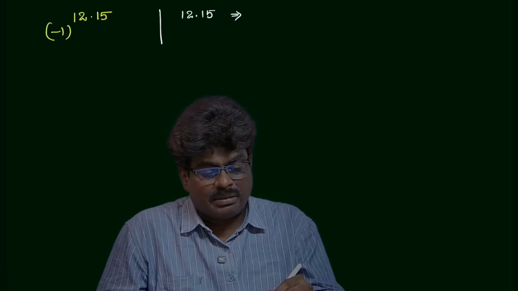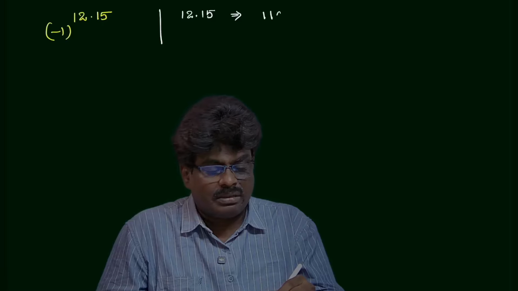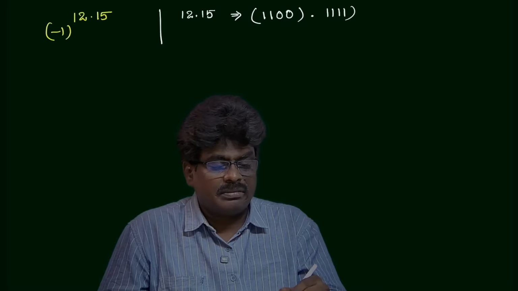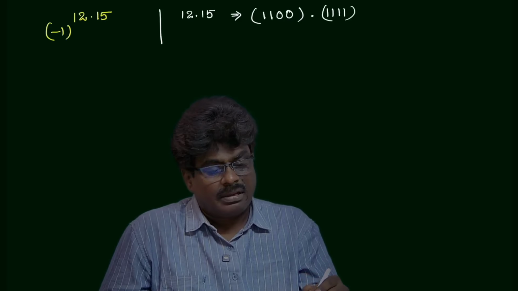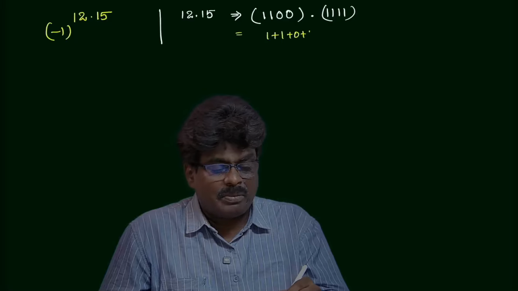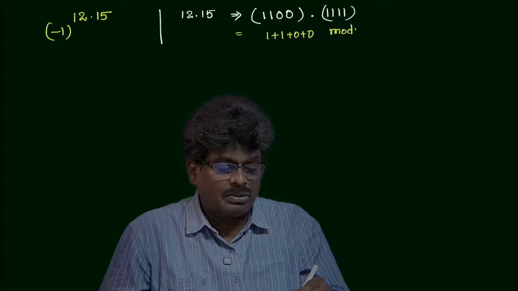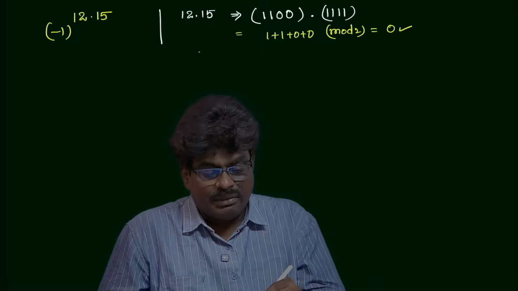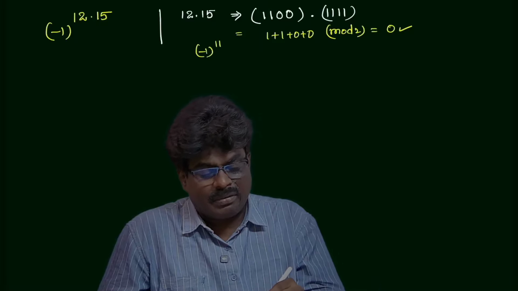This is 1100, because 8 plus 4, and 15 means all ones only, so 4 qubits. Now this is nothing but 1 plus 1 plus 0 plus 0 and modulo 2 operation, which is equal to 0. Then we can write minus 1 whole power 1100 dot 1111 is nothing but a plus 1.